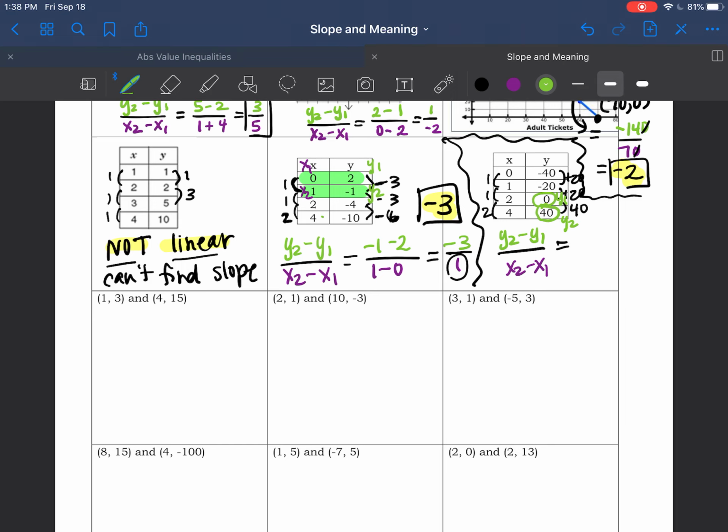So y2, y1. Okay, and so y2 minus y1 over x2 minus x1 gives me 40 on top, 2 on bottom, which we know simplifies to 20.